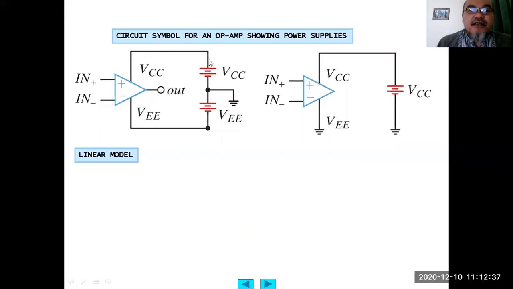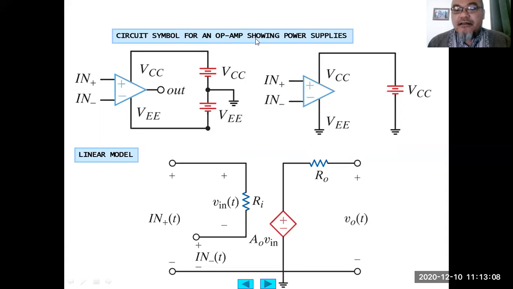So the VCC here is supplied using a positive power supply, and here VEE with a negative voltage power supply. The negative terminal of the VCC is connected to the positive terminal of the VEE, and they are all connected to the ground, the reference node. Otherwise, it can be drawn like this, VCC, and then the VEE just drawn like this.